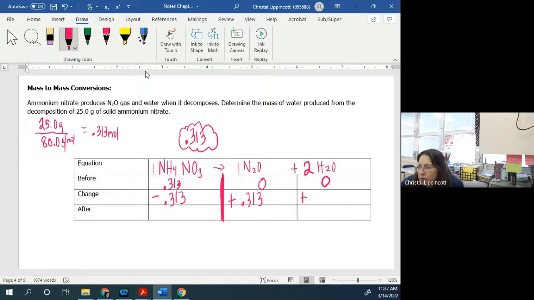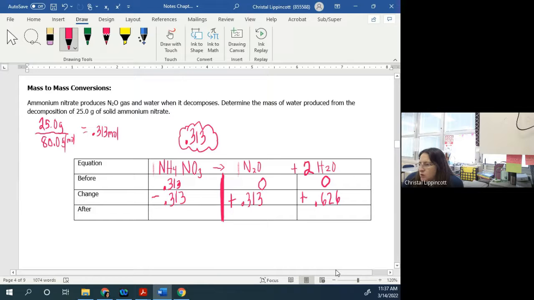And then this one is going to get multiplied by 2, so it's going to be 0.626. So for every one of these I'm going to make one of these and make 2 of these. Okay? So for every 0.313 of these, I'm going to make 0.313 of these and 0.626.